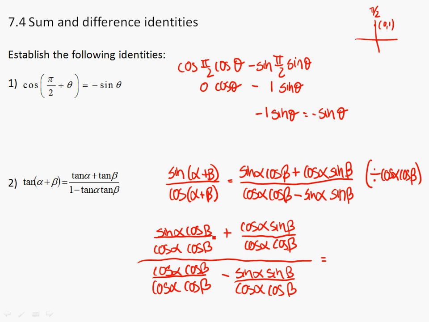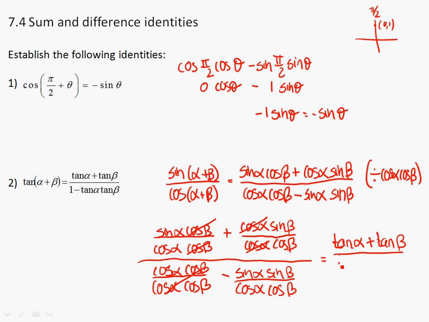Like this cosine beta here cancels with that one. So sine alpha divided by cosine alpha is what? Sine divided by cosine is? That's the tangent of alpha. On this one, the alphas cancel, so now you leave sine beta over cosine beta, which would be the tangent of beta. Something divided by itself is always 1.